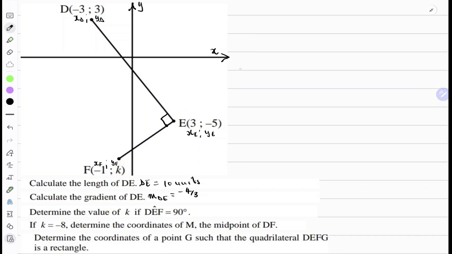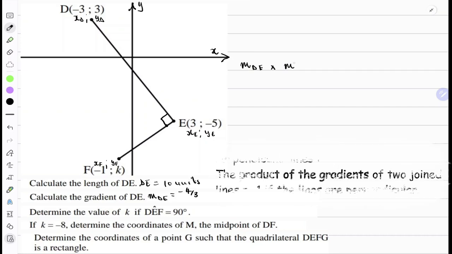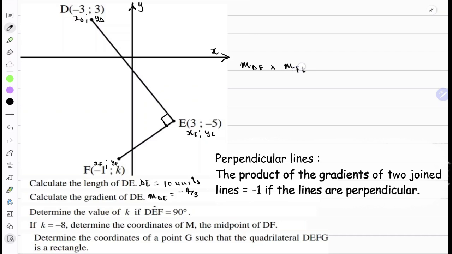So in other words, the gradient of DE multiplied by the gradient of FE should be equal to -1, since DE is perpendicular to FE. This is because DEF is 90 degrees.